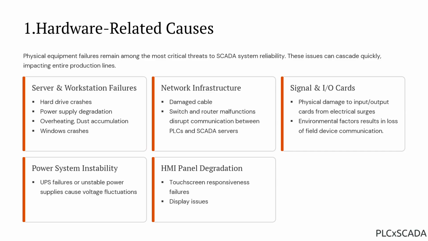Next one is power system instability. Here UPS failure and unstable power supplies can cause voltage fluctuations. The next one is HMI panel degradation. When we are using a very old HMI, the touch element may fail.